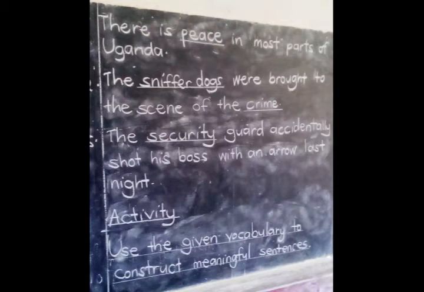Remember, I told you there are many other words under the vocabulary that we have not written today, but we shall meet them as we continue with the lesson. An example is this word, sniffer dogs. Another one is scene. In my sentence, I was supposed to use the word crime, but now I've used these other two vocabularies.